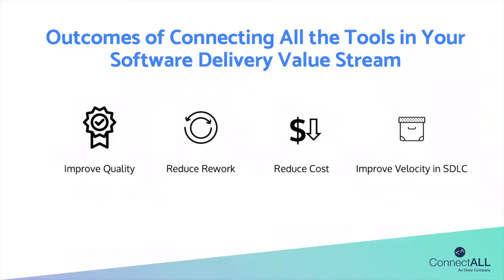Just by the fact of using ConnectALL to help your company shift left with your quality solutions and letting your developers run tests that maybe ran in the quality department, that's going to help you to reduce rework. And of course, along the way, all of this is going to reduce cost as information flows and increase your value, your velocity in your value stream.